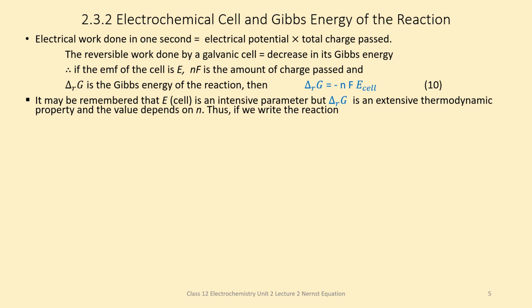Thus, if we write the reaction for a Daniell cell, Zn(s) plus Cu2+(aq) combine to form Zn2+(aq) plus Cu(s), that is the chemical reaction, equation 11, and here delta rG is equal to minus 2 into F into E of cell.